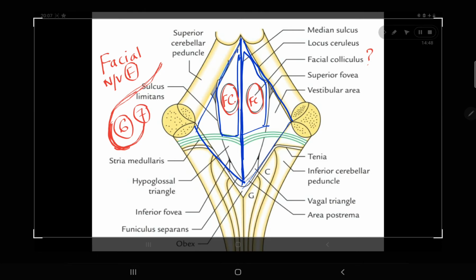This elevation is due to what? This is due to the nerve fibers of the seventh cranial nerve nucleus, and this is called your facial colliculus.